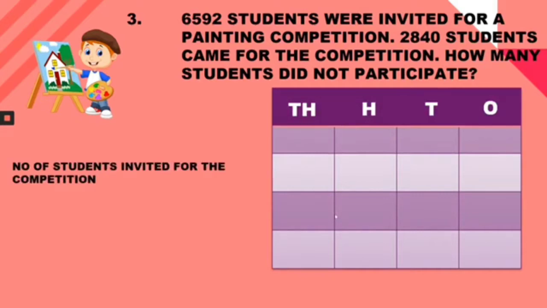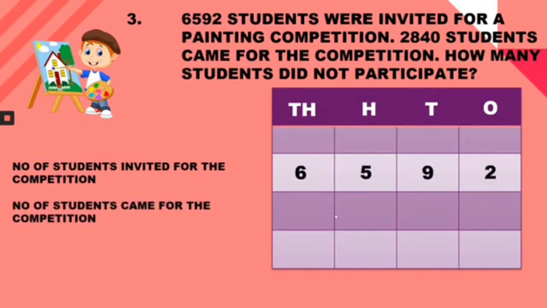Number of students invited for the competition were 6,592. Number of students who came for the competition minus 2,840. Now let's begin the sum from ones place. 2 minus 0 will give you 2.